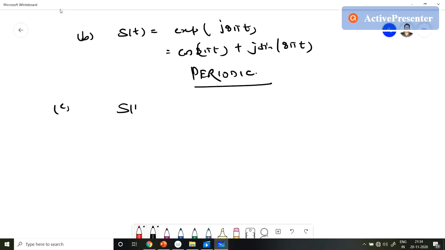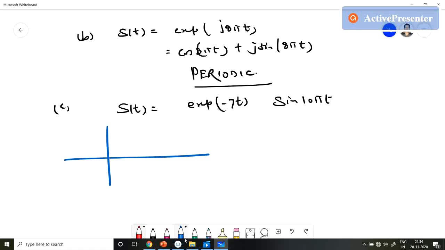Part C is x(t) equals exponential minus 7t sine 10 pi t. Let us draw the diagram. For exponential minus 7 pi t, at t equals 0 the value is 1, and for t equals infinity it is 0. So the graph is decreasing like this.